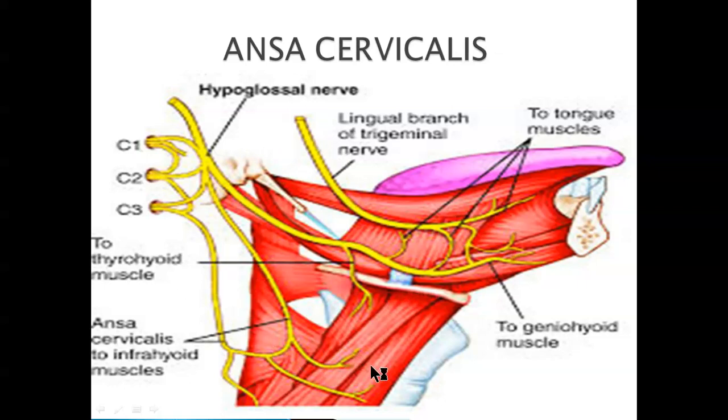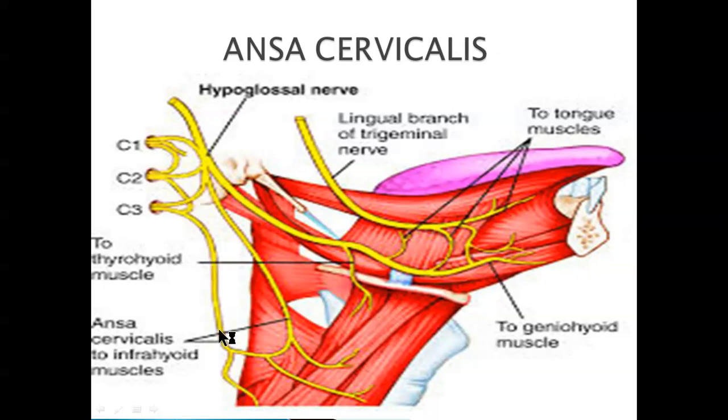So ansa cervicalis innervates your strap muscles, the infrahyoid muscles. Just important pointers for the exam: remember, your thyrohyoid muscle is not innervated by ansa cervicalis. All the rest of the infrahyoid strap muscles are innervated by your ansa cervicalis.